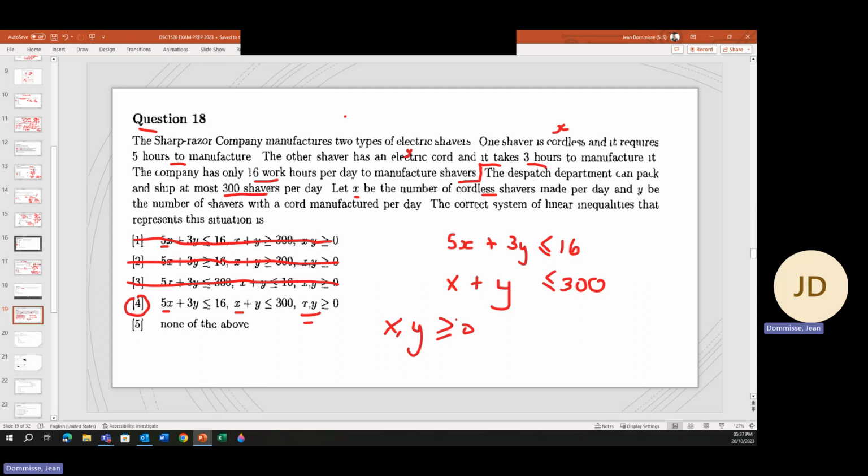That is why we will always have X and Y bigger or equal to 0. You can produce 0, so that's not an issue. You can produce, say, 0 X, and then there will be more of Y produced. And you are also allowed to manufacture 0 of Y, and then obviously more X will be produced.